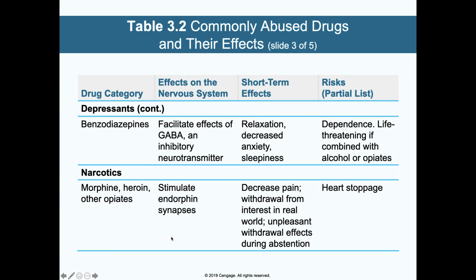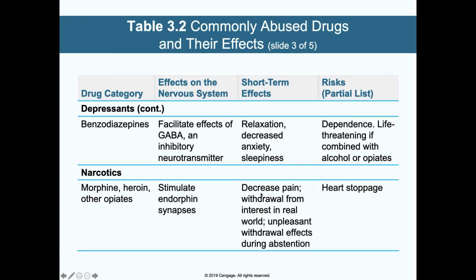And again, this effect is that it kind of stimulates the endorphins and how they're released across the synapses. And so the short-term effects, decreasing pain, which you would say, well, that's a good thing. It is positive if it's used in the correct way. That is why when someone is at an end of stage life, they are often given morphine for that reason of decreasing pain.